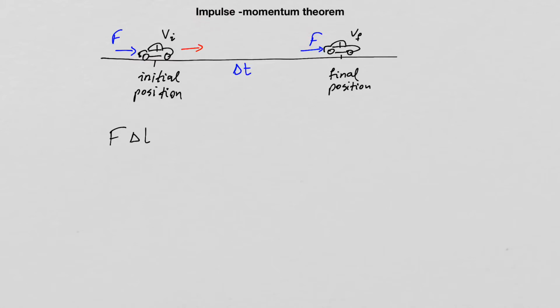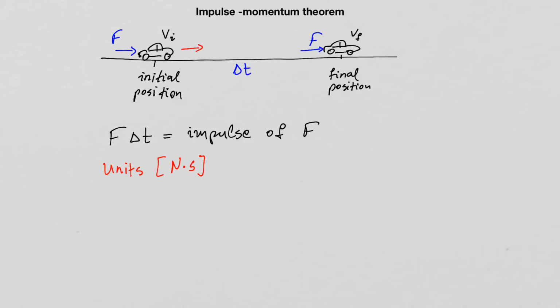So F times delta t is the impulse of the force F. The units in which impulse is measured are the units of force, newtons, times the units of time, seconds. So the impulse of a force F is measured in Newton seconds.